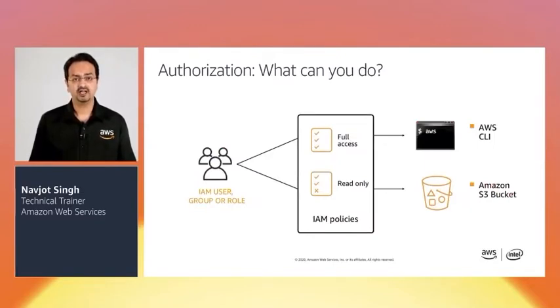After the IAM user authenticates to AWS, how do they control what they have access to? This is done via an IAM policy. An IAM policy is a document, typically written in JSON, which determines which service and what access to those services an IAM user has.